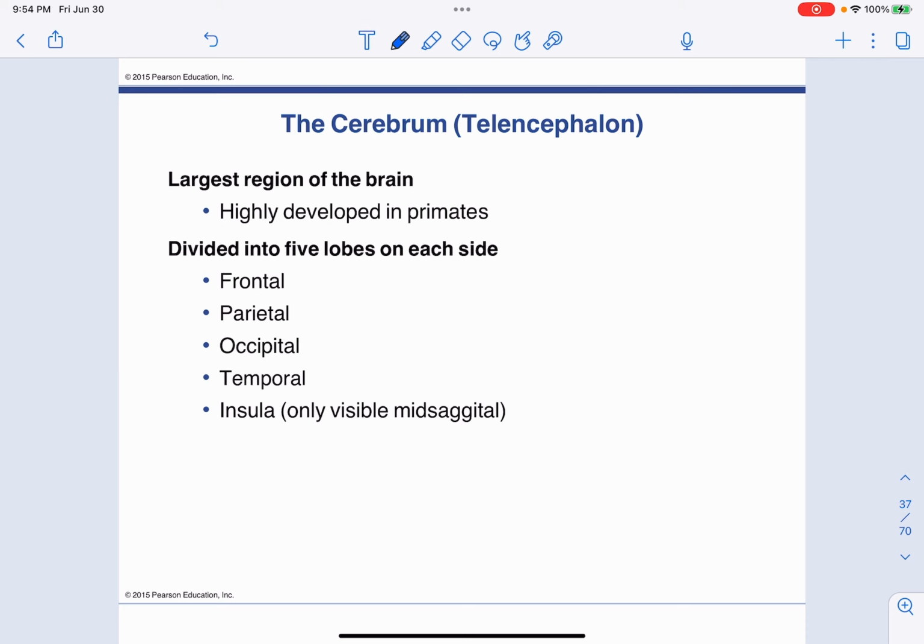And it is divided into 5 lobes, which I'm going to show you. There's a frontal lobe, a parietal lobe, occipital, temporal, and then there's one that you can only see in a mid-sagittal view called the insula. And as you can guess, a lot of these get their name from the skull bone that they reside near.